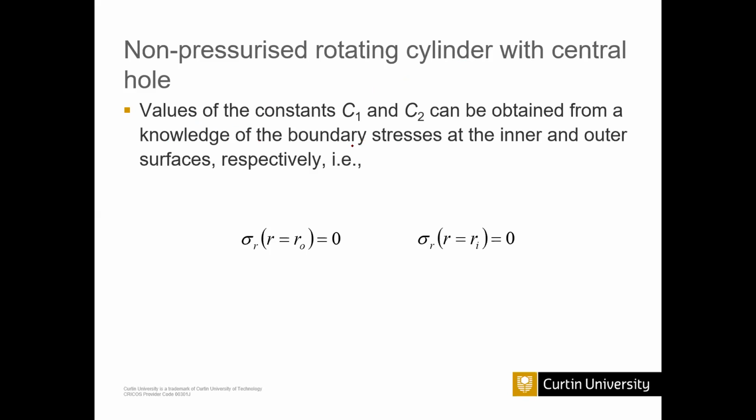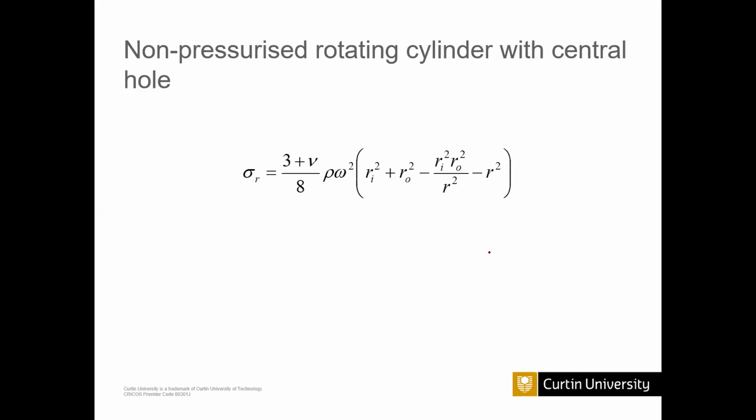The radial stress at the outer surface will be 0 because it is non-pressurized. Both the outer surface and inner surface will be 0. This is the equation due to rotating. If it is non-rotating, there are no stresses because it is non-pressurized.